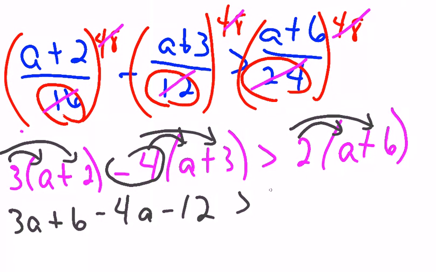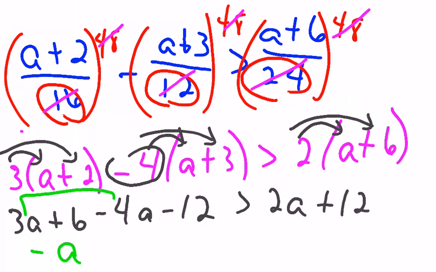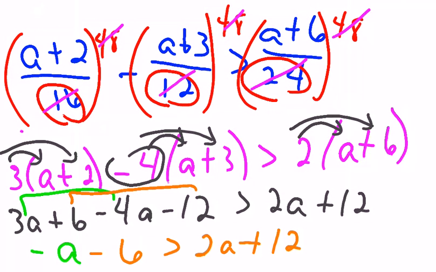And then greater than 2a + 12. Now we need to combine some like terms. So 3a − 4a is −a. And then 6 − 12 is −6, greater than 2a + 12.